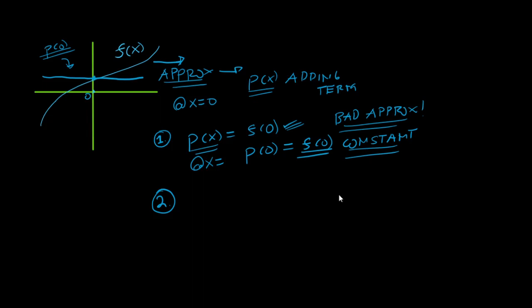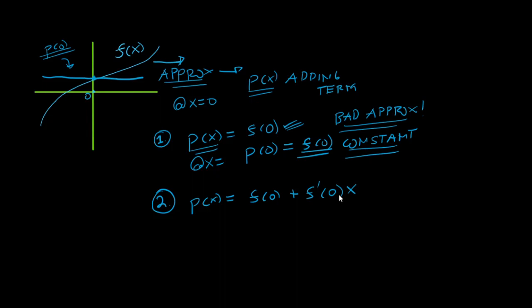So what if ang gawin ko is I keep adding term. Start ako kay f of 0. Ngayon, ang gawin ko is magdagdag ng another term, say f prime of 0, but this time, ilagyan ko ng x.